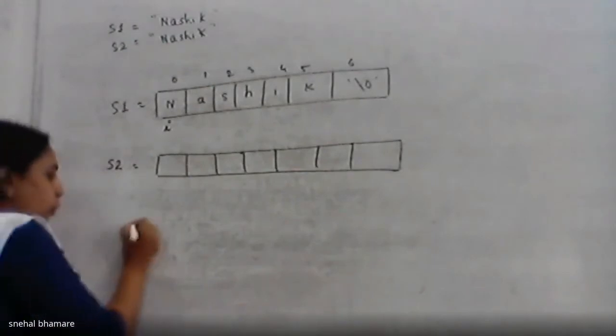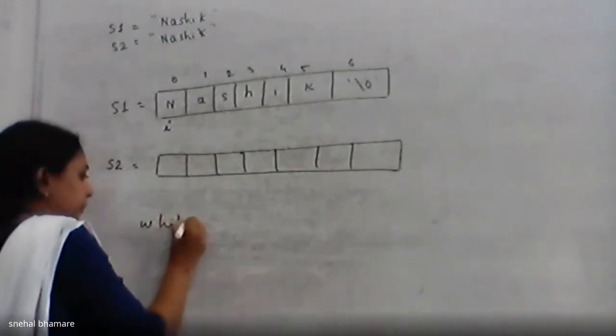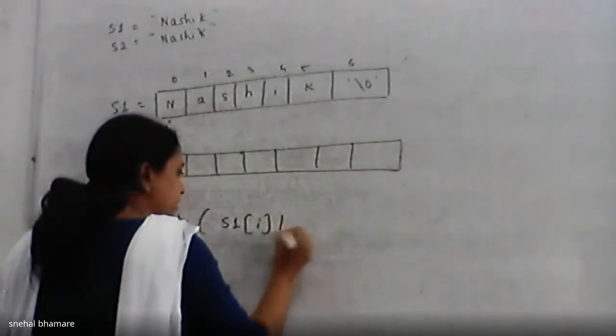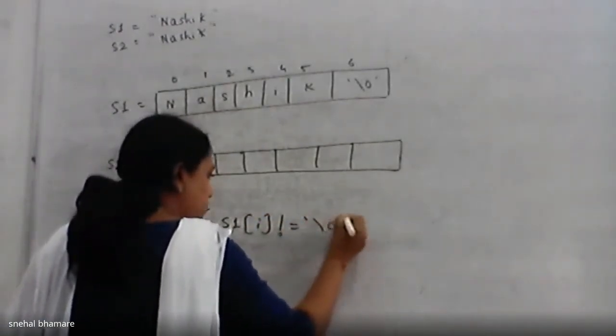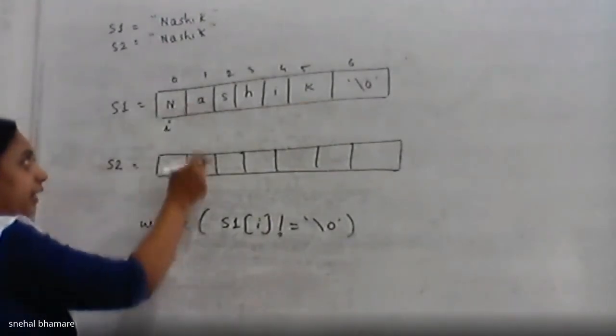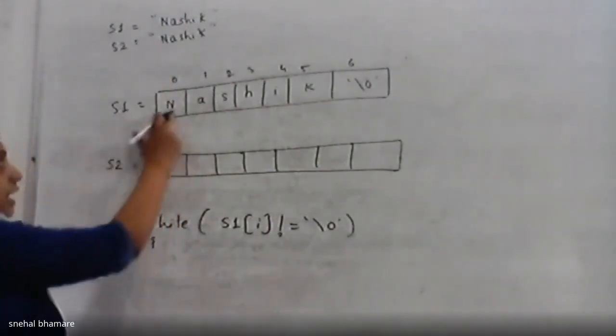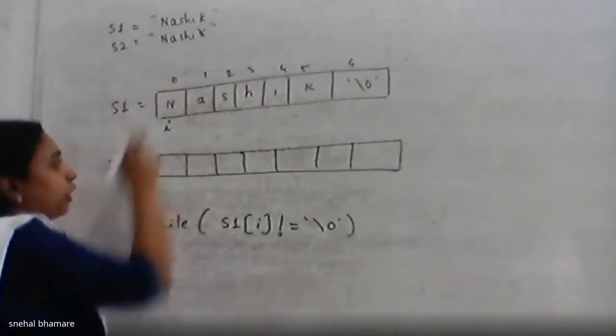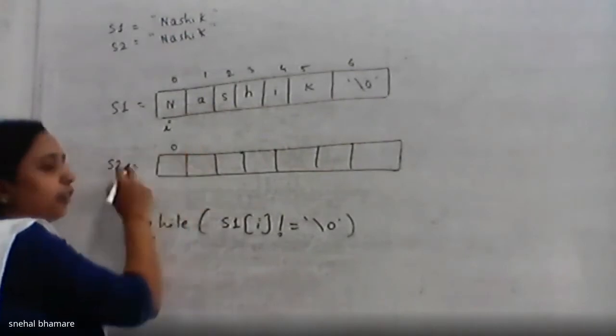Now, while S1 of I is not equals to slash 0, I have to copy character by character at the same location. That is the M character in string S1, it is at the 0th location, so it will be copied at the 0th location of S2.